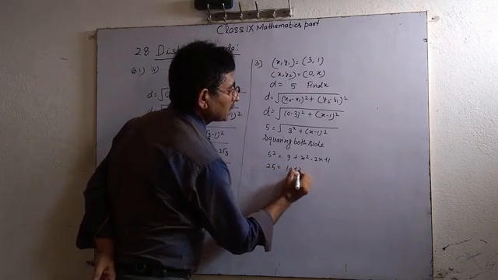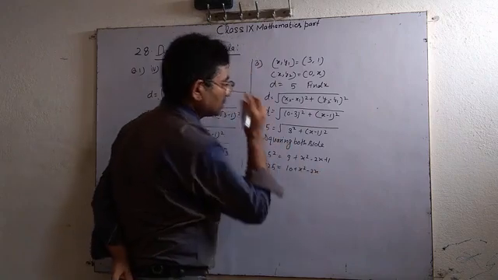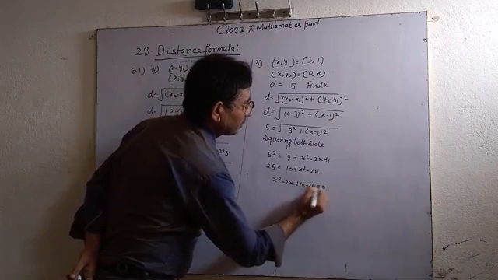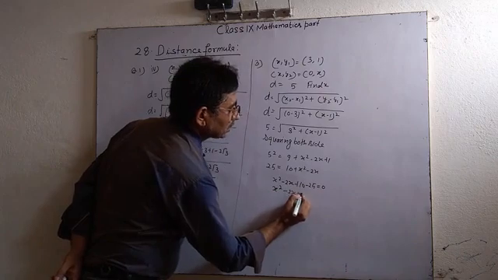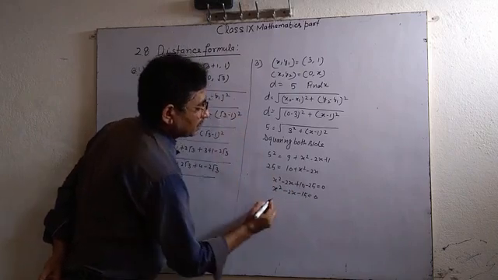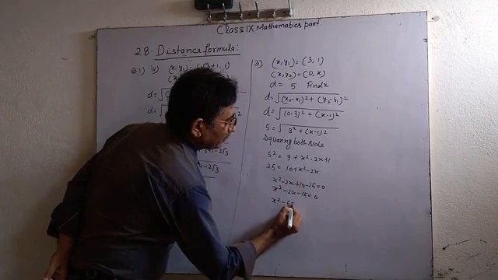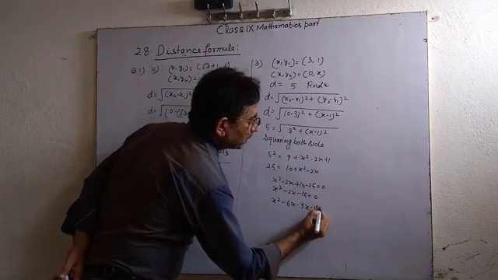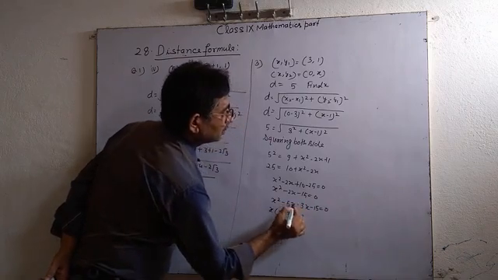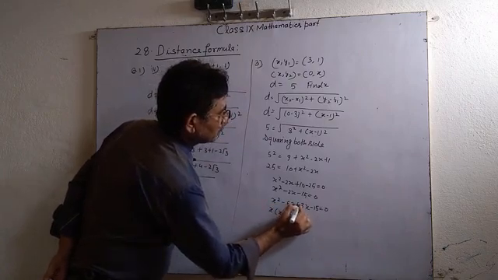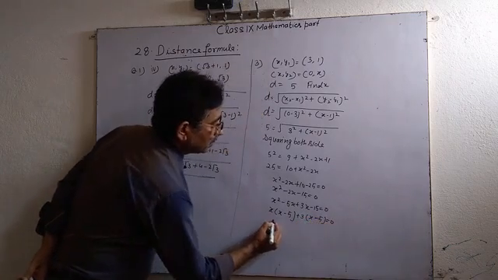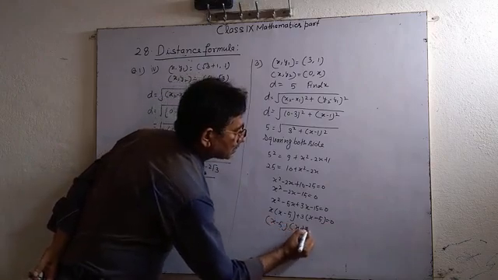25 equals 10 plus x square minus 2x, or x square minus 2x plus 10 minus 25 equals 0, or x square minus 2x minus 15 equals 0. Splitting the middle term, x square minus 5x plus 3x minus 15 equals 0. Taking x common, x minus 5 and plus 3 common, so x minus 5 times x plus 3 equals 0.